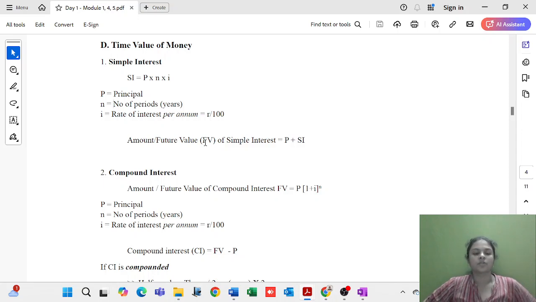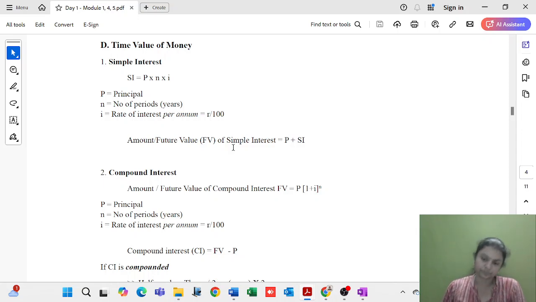Clear? So what is simple interest? In the question they will clearly mention whether it is simple or compound interest. If the question is not mentioning, most of the time the question will be related to compound interest only. So if the question doesn't mention it, you should work it out as compound interest. If it is simple interest, mostly the question will directly mention that it is simple interest.